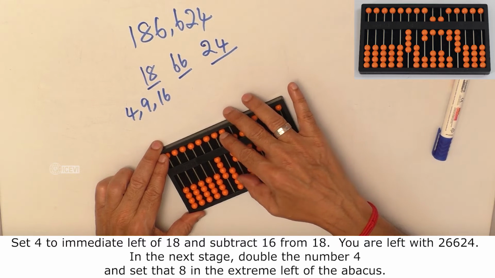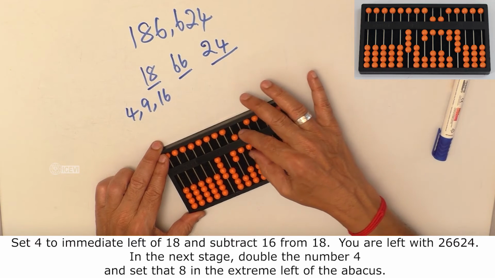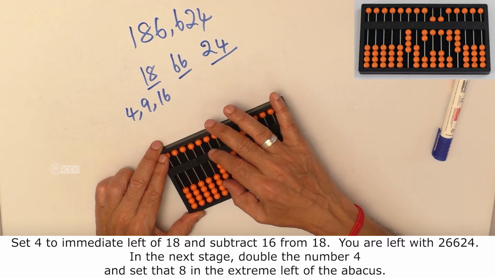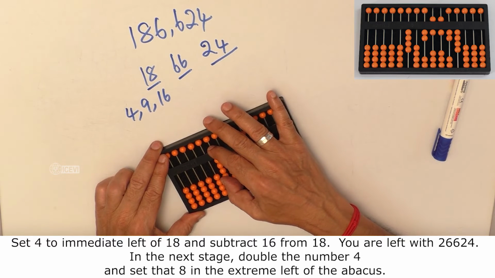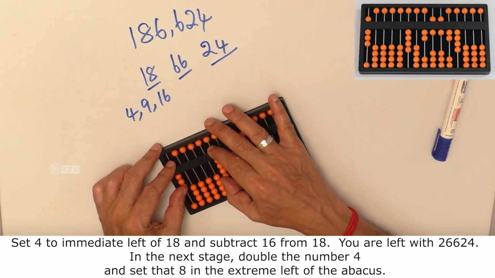And at this stage you are left with 26,624. In the next stage, double the number 4 and set 8 in the extreme left of the abacus.